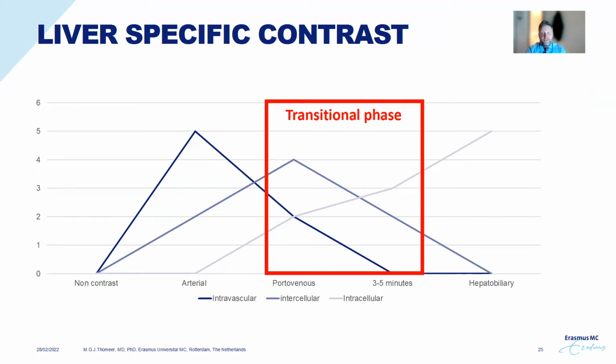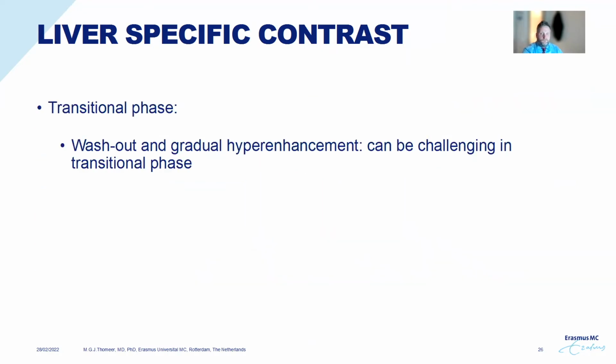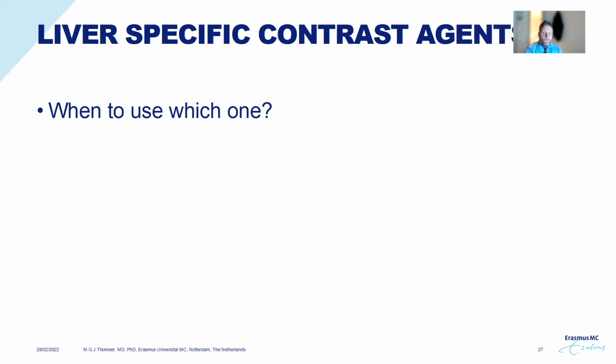This makes it very difficult to extrapolate previous knowledge of washout and gradual hyperenhancement at non-specific contrast to liver-specific contrast. And the second thing is that this can already be visible in the portal phase. So for this reason, diagnosis of washout and gradual hyperenhancement can be rather challenging when using Primovist.